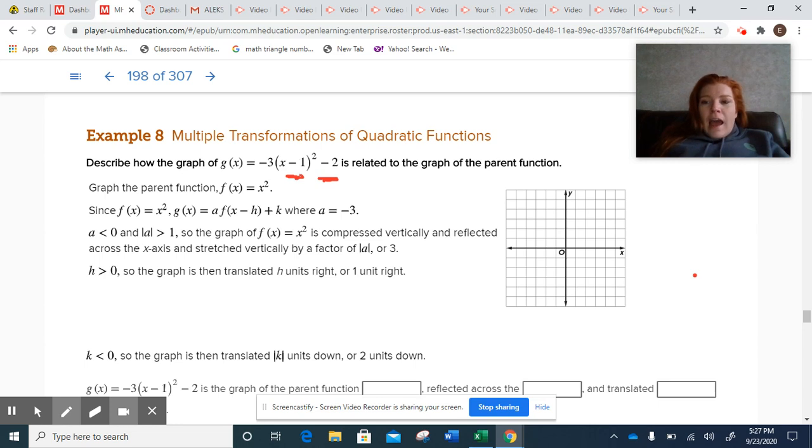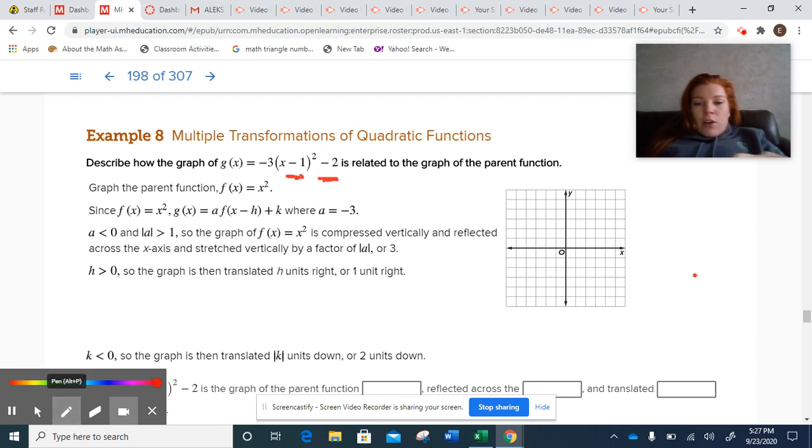The pieces that have to go first are the reflections and the stretches. So any sort of dilations that you have. So reflections and dilations go first. So here we go. And once again, I'm using my finger, so we're just gonna hope for the best.